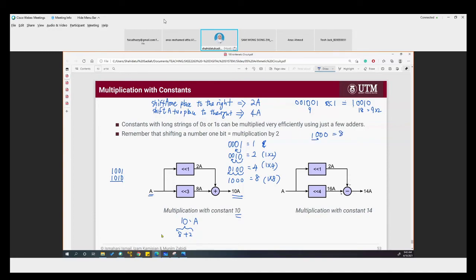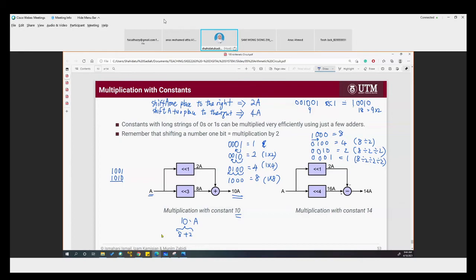If we shift, 0100, that is 4, this is 8 divided by 2. If we shift 2 times, 0010 is 2. 8 divided by 2 and then divided again by 2. Shift 3 times, this one, because 8 divided by 2 divided by 2 divided again by 2. Right?